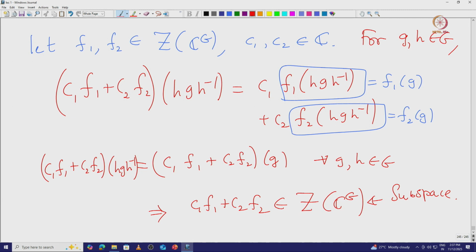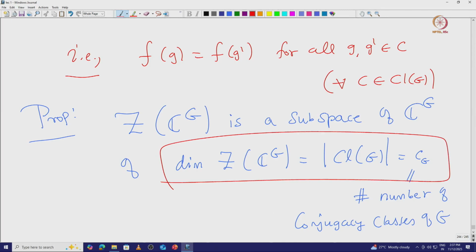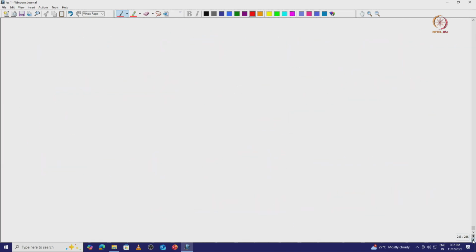That immediately implies that the dimension of this subspace is at most the cardinality of G, but we want to claim that the dimension is exactly the number of conjugacy classes of G. For that, we are going to establish a very explicit basis. Recall that we had some basis for the space C[G]. We are going to imitate that basis to get a basis for this space of class functions. For C[G], if you recall, we defined these delta functions.